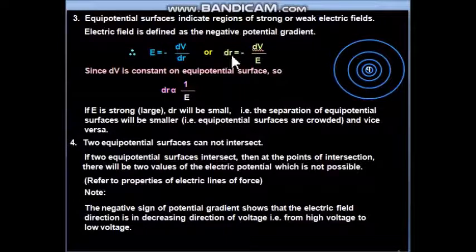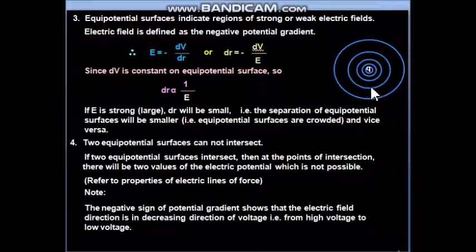Now here, if we take the case of the single charge Q, and draw a number of EPS around the charge, what do these spheres represent? These spheres are EPS for the given charge Q. Now dr represents the gap, the separation between any two EPS, and dV represents the potential difference between two EPS.